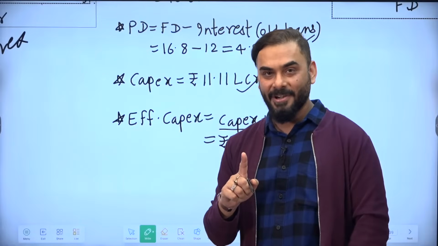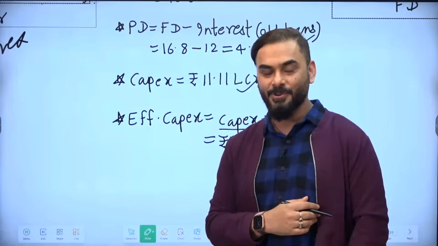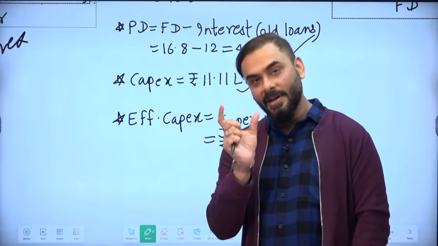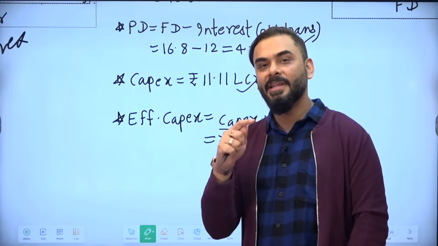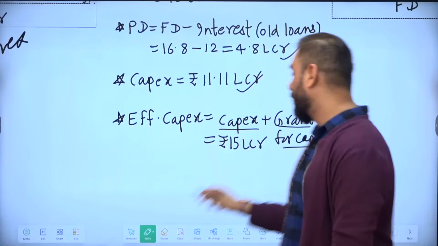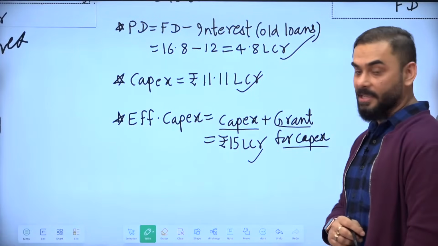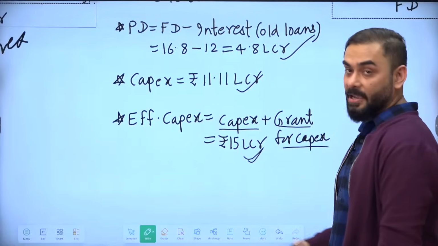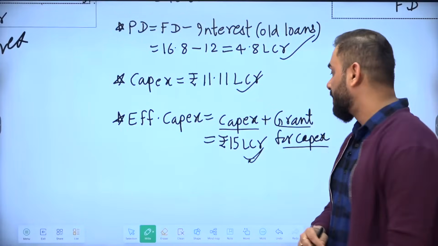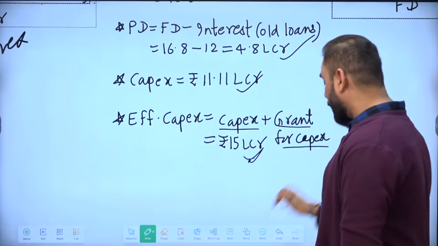Central government creates capital assets, for example, roads, railway, bridges, schools, hospital. Similarly, state governments also do that. So whenever you add the central government's expenditure plus the money that the center gives as grant to the states to create capital assets, if you add both of them, that is called as effective capital expenditure, capex, which is 15 lakh crore in India currently. So capex is 11.11 and effective capex is roughly around 15 lakh crores.